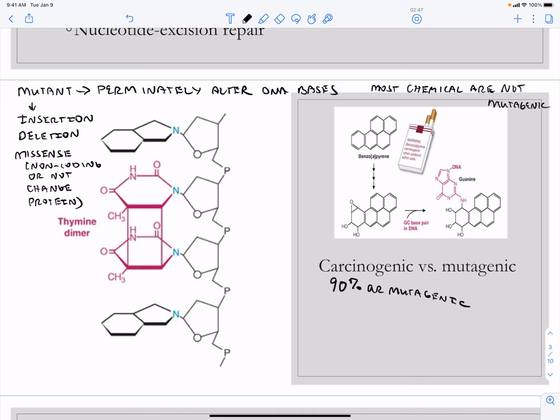Now, the other type of mutation, of course, will be a substitution mutation. And this is the replacement of a base pair for another base pair. So much of our repair mechanisms are going to be involved with countering these types of mutations in your genome.